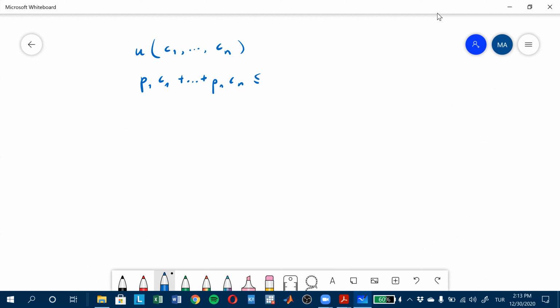And then there's the income, right? So there's non-negativity constraints as well. And here, of course, the price vector and income are given.